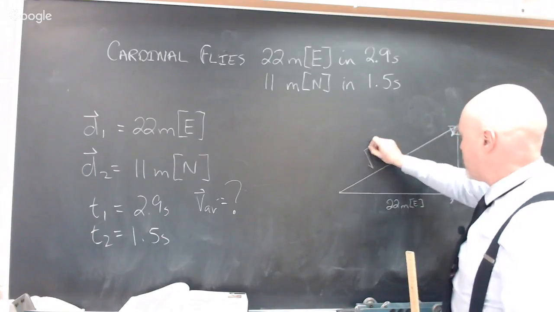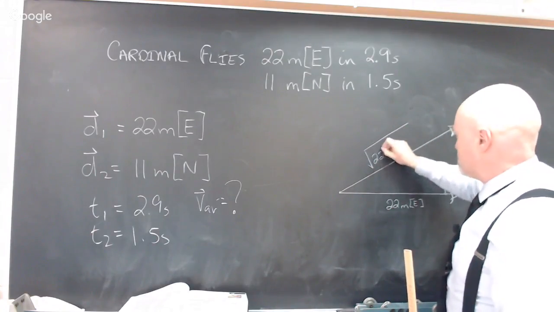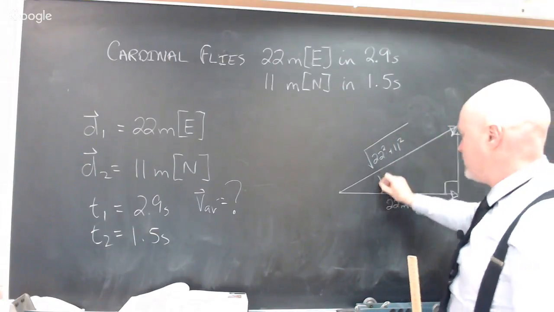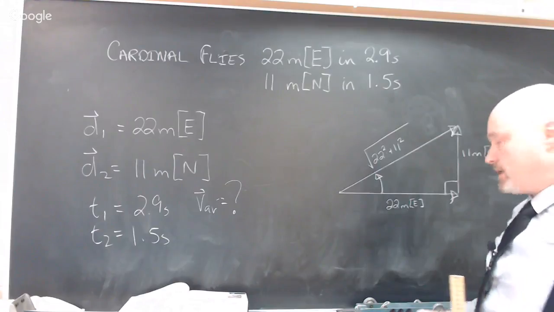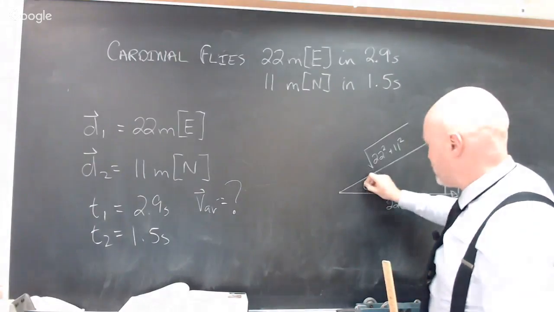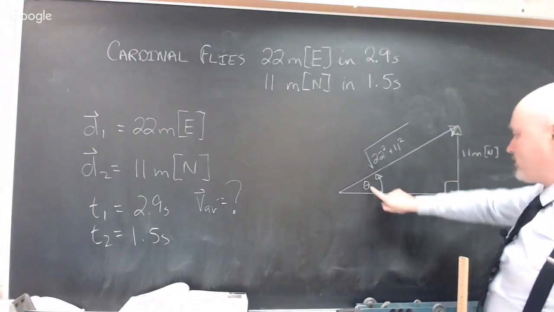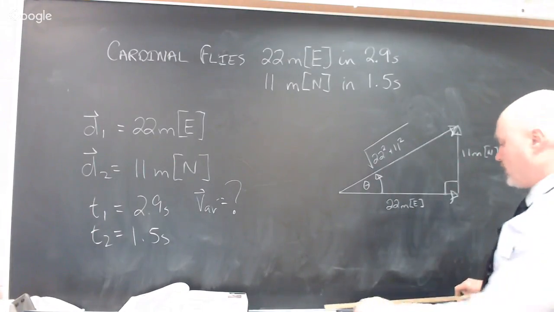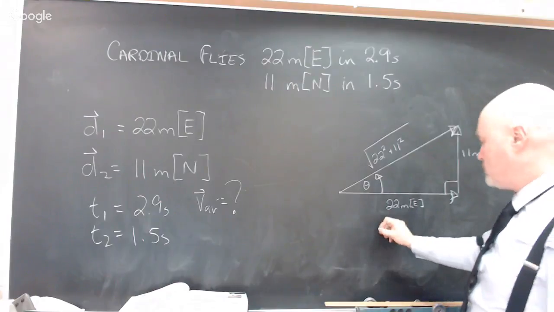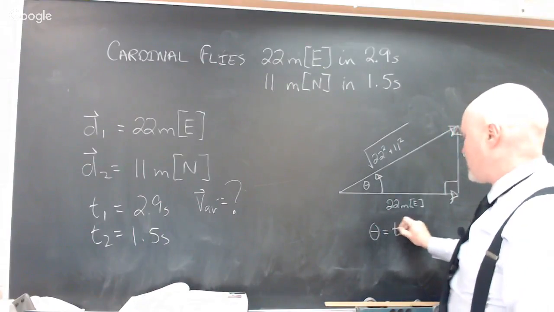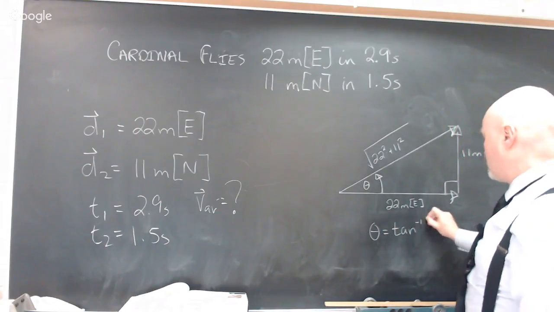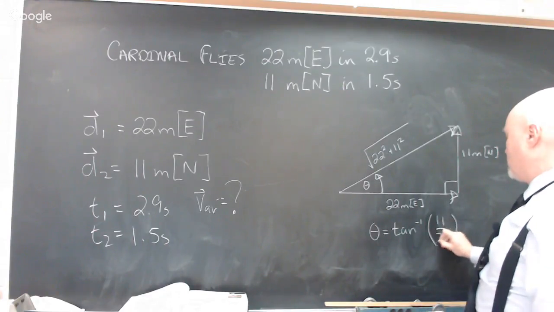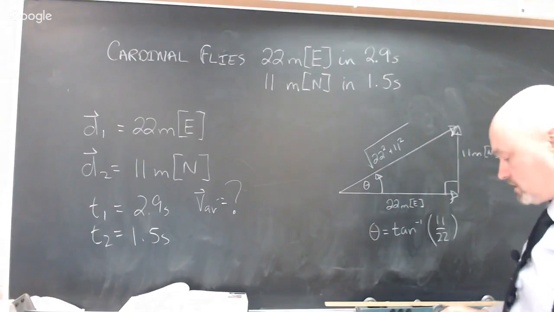And because it's a right angle triangle, we can just do 22 squared plus 11 squared to find that. We also have to find a direction because this is a vector quantity. And so we have to find the theta here. We can find theta any way that we like, but I am going to use arctan of 11 over 22, which of course is just 1/2.